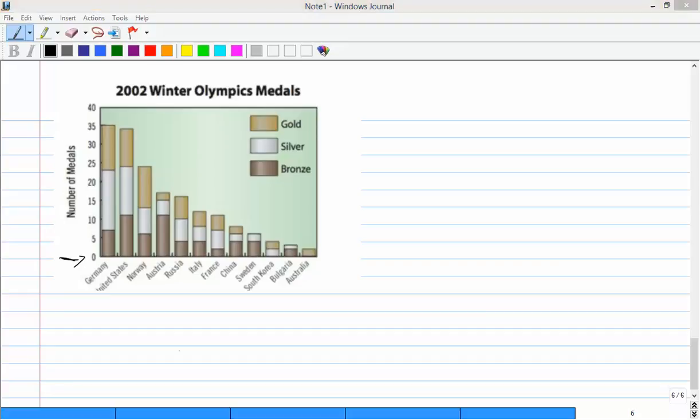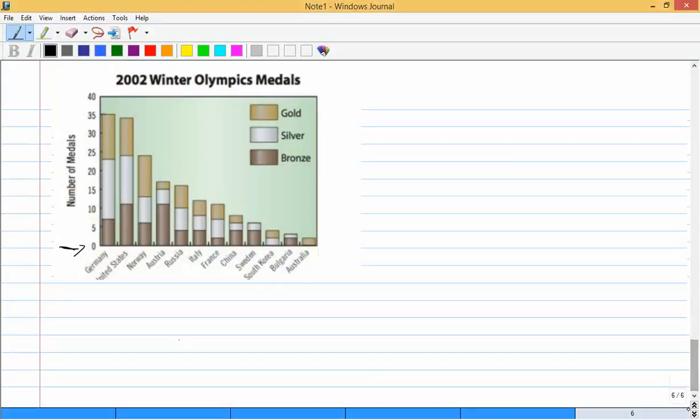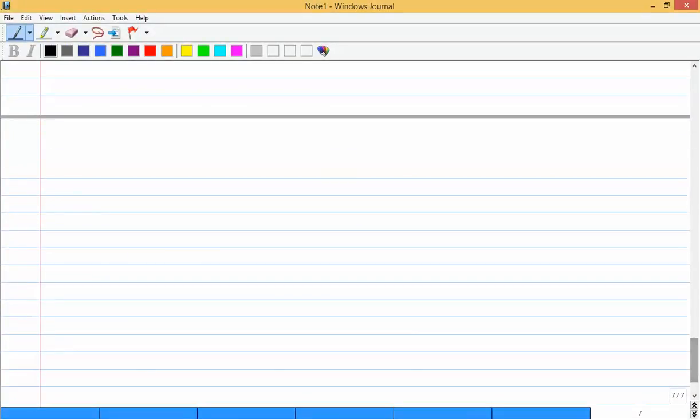Alright. Another way to represent data is through a pie chart. Pretty early on in school, we learn about pie charts.